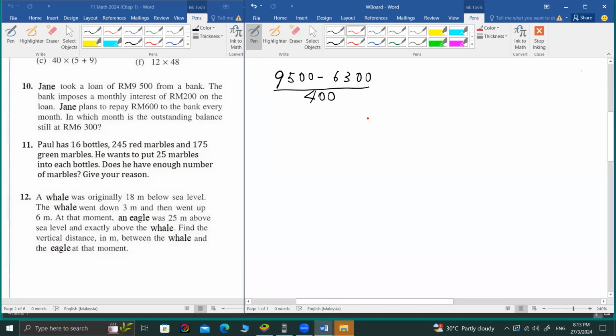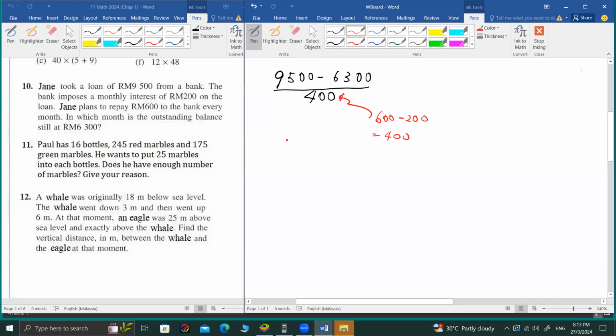Because the 200 is interest, not included here. 没有包括这边的吗? So to take away the balance here, you actually paid 400 only. 因为那200块, that 200 is to pay the interest. Then the 400 is to cover this one.